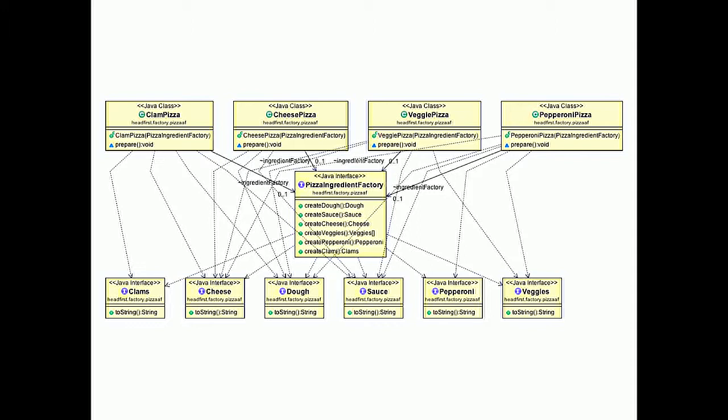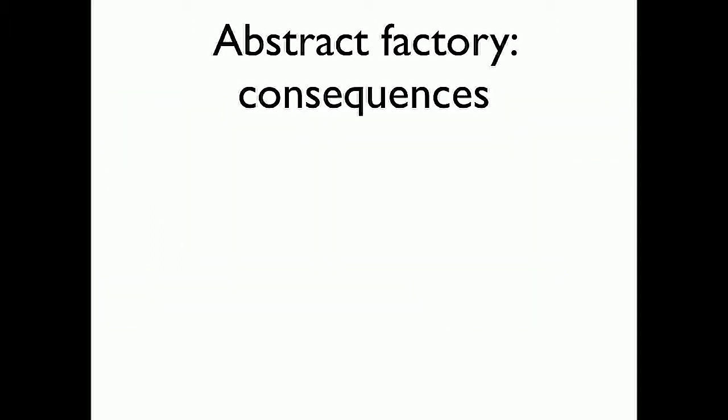So, adding the pizza ingredient factory to each type of pizza, the diagram becomes something like this, that the pizza ingredient factory lies between our cheese pizzas and our ingredients, and our pizza classes rely on the ingredient factory to resolve the specific type of ingredient they need. Thus, the pizzas are the clients.